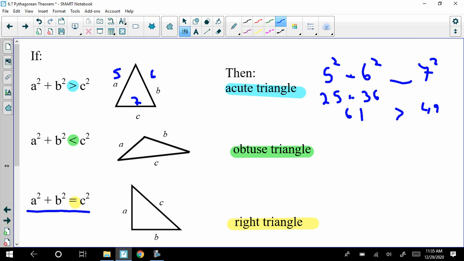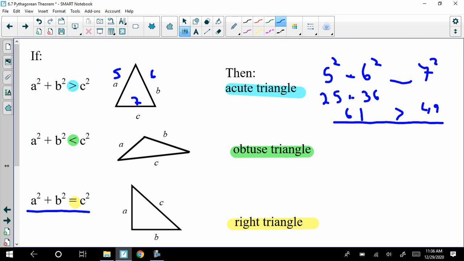So the two smaller sides, when we square them, are greater than that third side when we square it. So this is going to give me an acute triangle. The reason is all those side lengths are very close together in length. If they're pretty close together in length, we're probably going to get an acute triangle. We're going to be dealing with this a lot when we start working with trig.